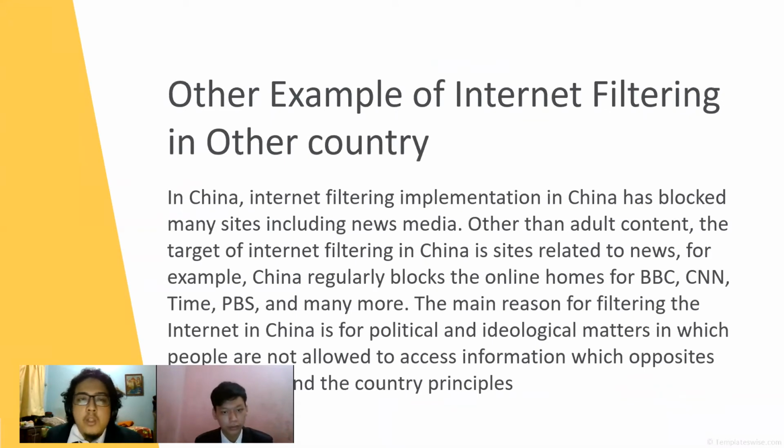The other example is China. China uses internet filtering to block many sites, including news media and others. The targets of internet filtering in China are sites related to news, for example BBC, CNN, Time, PBS, and many more. The reason China blocks these sites is to keep their country's principles and more.